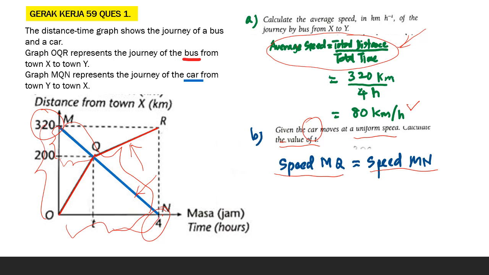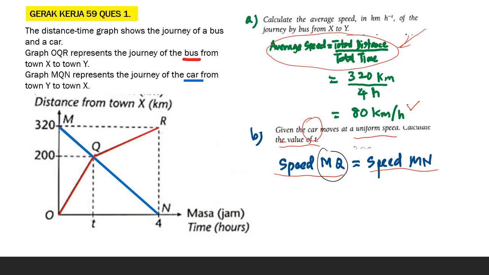Okay, let us make it clearer. I use another color, black color. Again, speed MQ, this one over this one, will be the same as the speed MN. MN is this one.